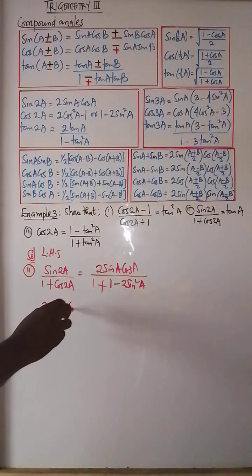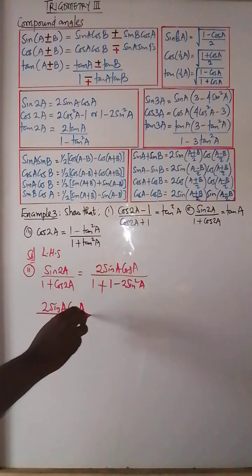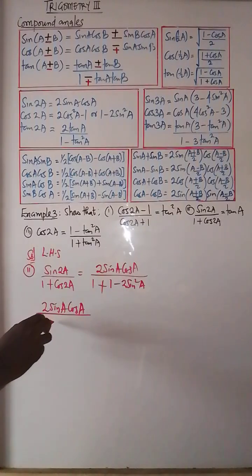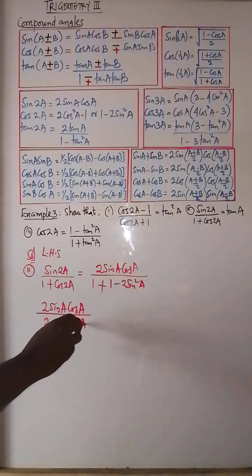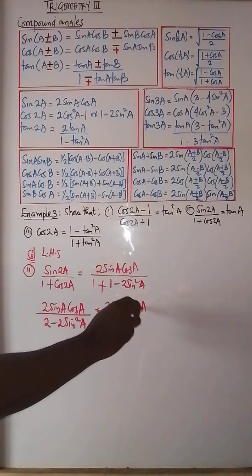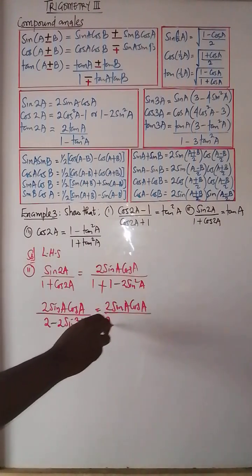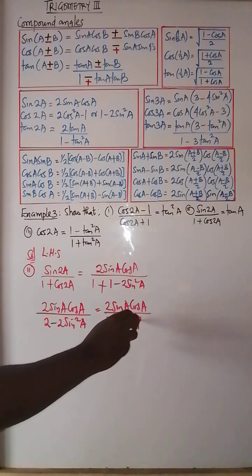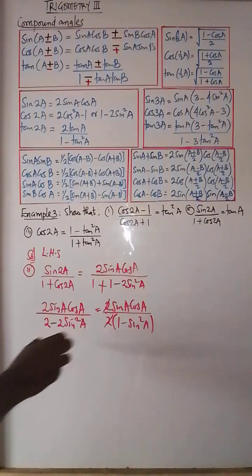2 sine A cos A over 1 plus 1 is 2. That's 2 minus 2 sine square A. And this becomes 2 sine A cos A over 2 is common here, 1 minus sine square A. These two cancel these two.